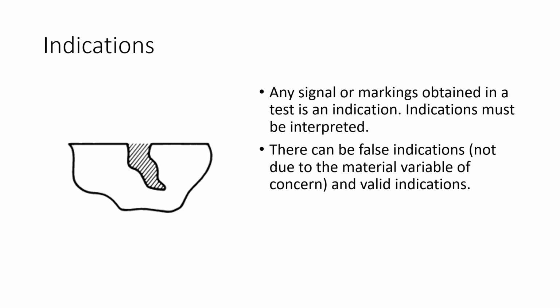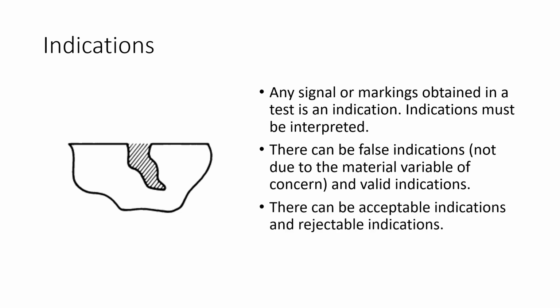It's an indication, but it's not a valid indication. So we can have that going on in non-destructive testing. And then we can have acceptable indications and rejectable indications. If it's a rejectable indication, at that point, it is a defect, and we deal with it.